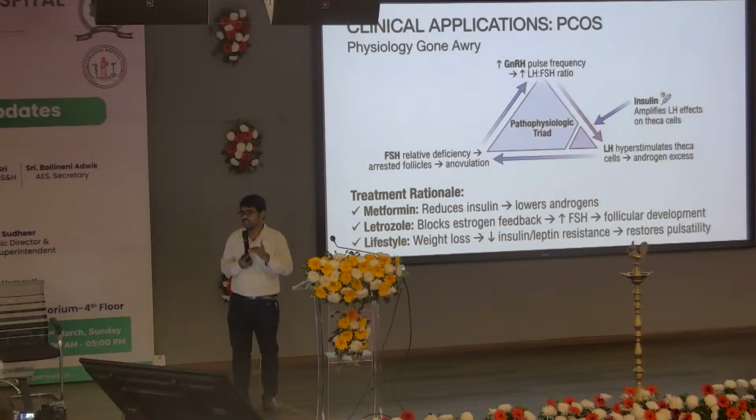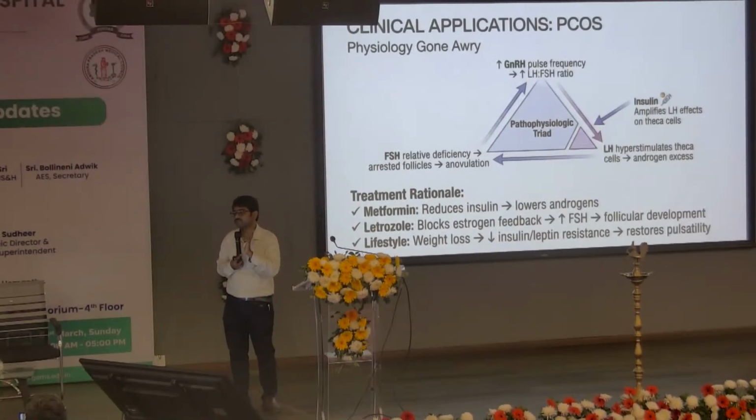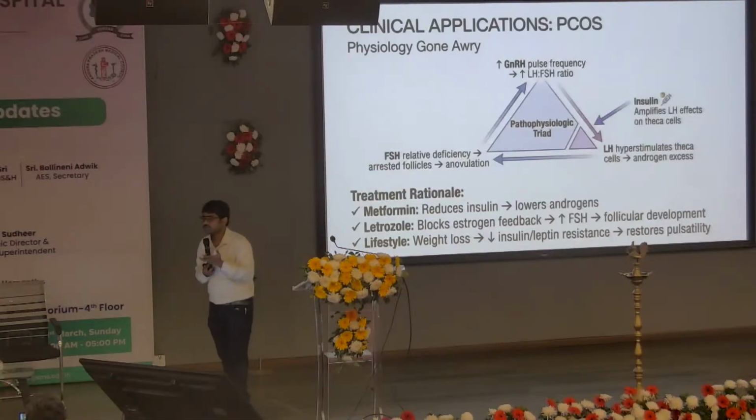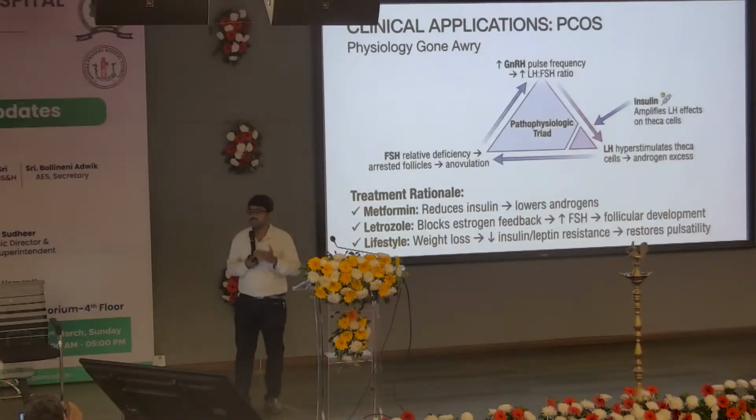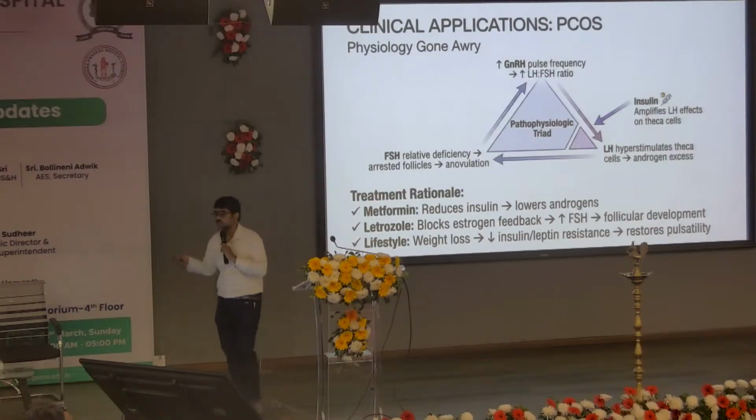So the lower the estrogens, through the negative feedback mechanism, the more FSH. The greater the FSH levels, the more and better follicles you're going to develop. At the same time, lifestyle modifications try to decrease insulin resistance and increase leptin sensitivity, which is going to restore your natural pulsatility.